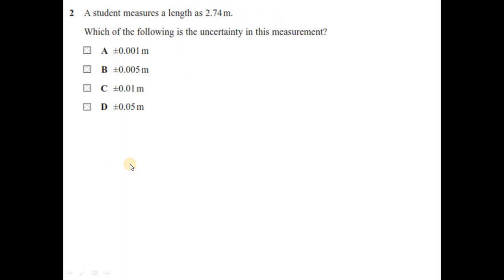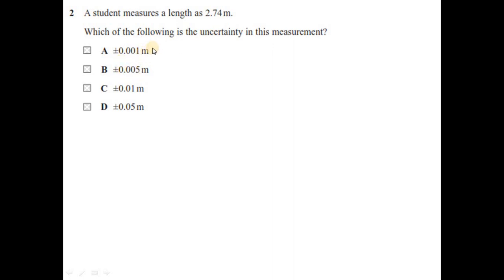Question number 2. A student measured the length as 2.74 meter. Which of the following is the uncertainty in this measurement? So these are the options, and if you see option A and option B and your given value, your measured length is 2.74, containing 2 decimal places, and option A and option B have 3 decimal places.